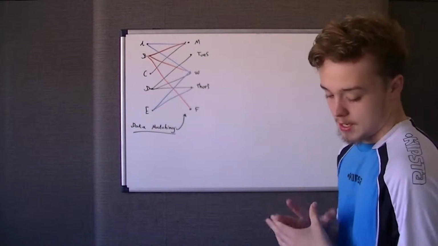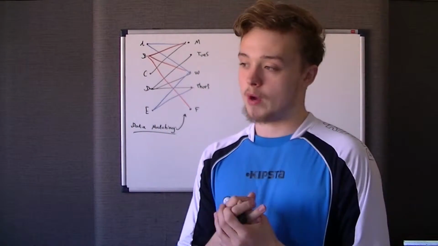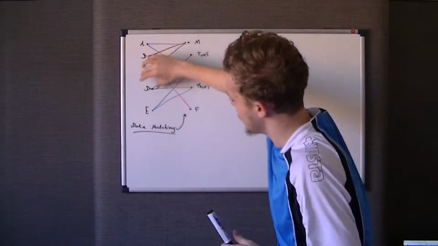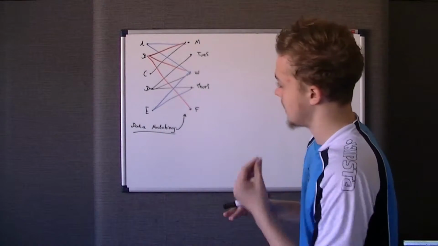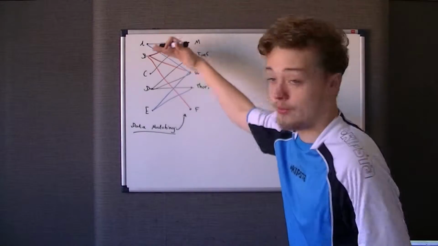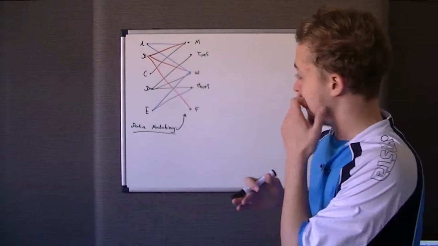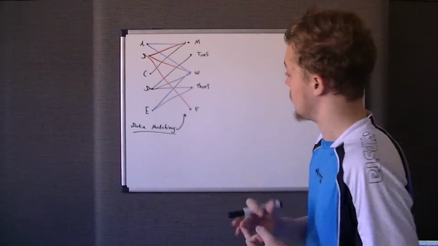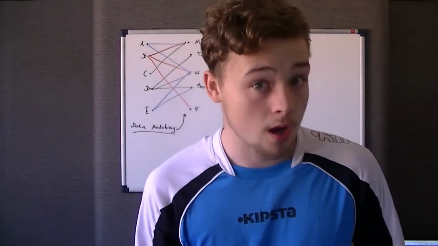Essentially, matching is all about where we've got one set of nodes here and another set of nodes here. In this case it's different workers A, B, C, D, E, and these are nights, Monday, Tuesday, Wednesday, Thursday, and they're being asked to work overtime.